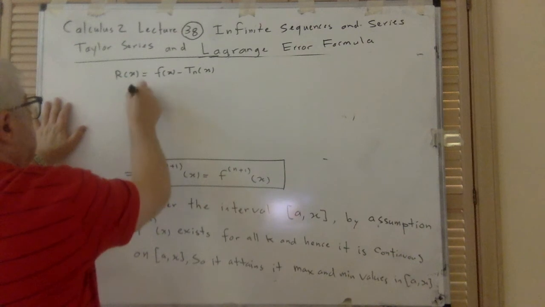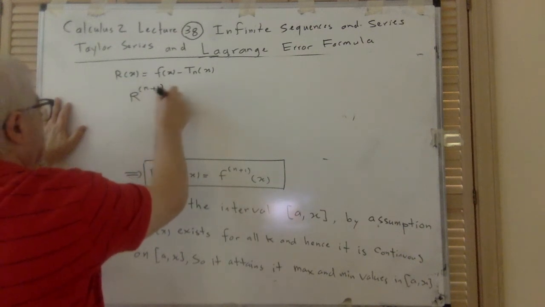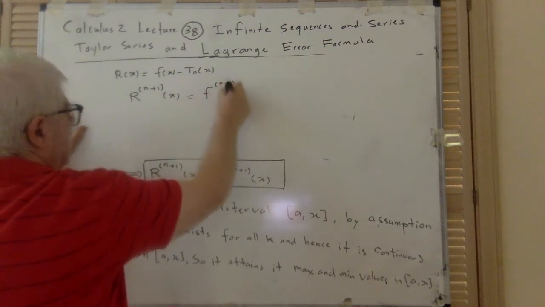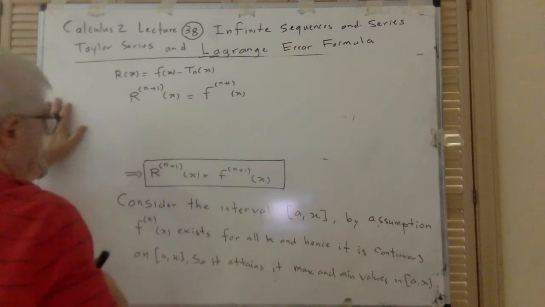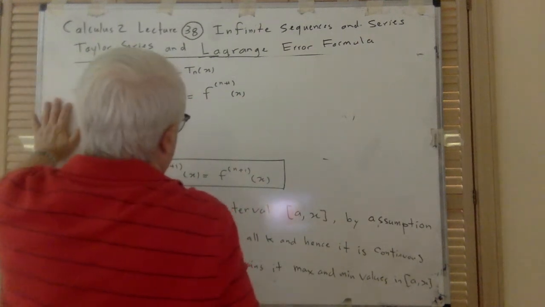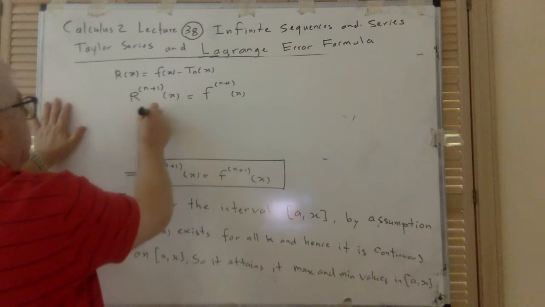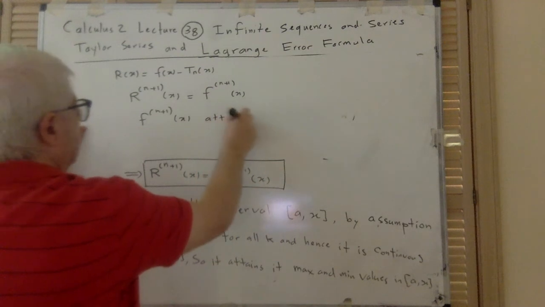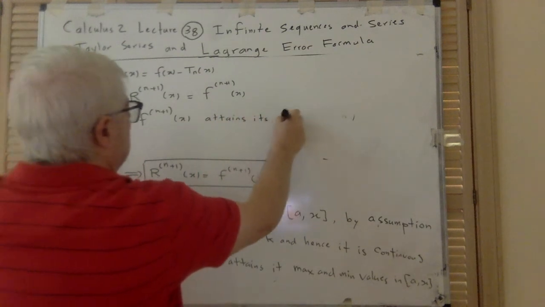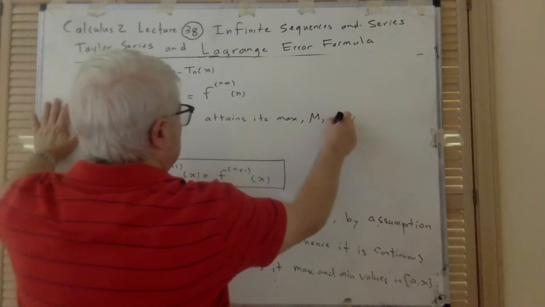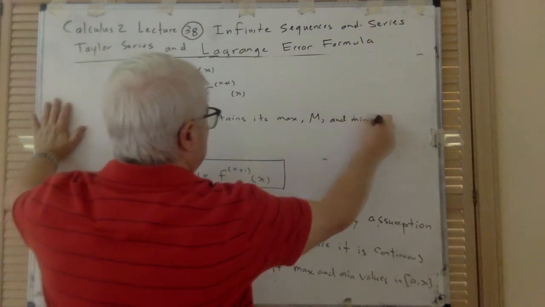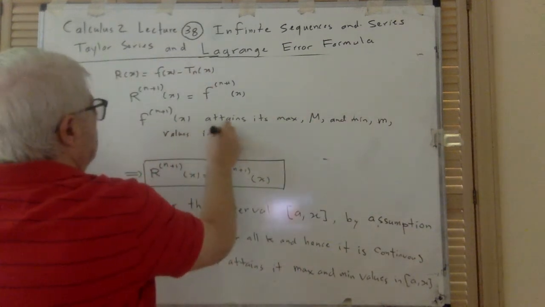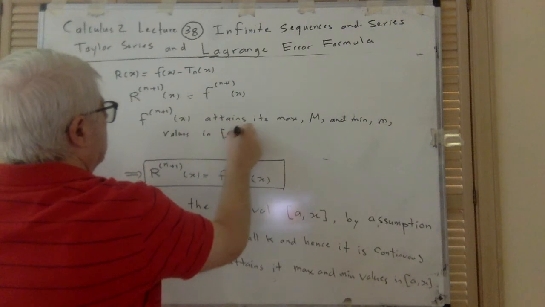And we got to this point that the n plus first derivative of R is in fact the n plus first derivative of f. And f^(n+1)(x) attains its max, big M, and min, small m, values in [a, x].